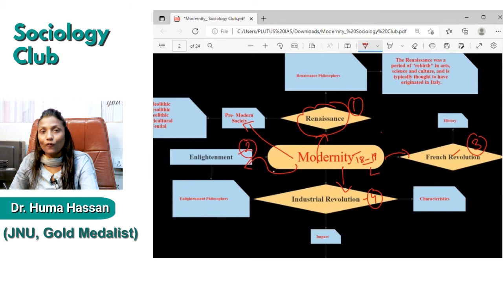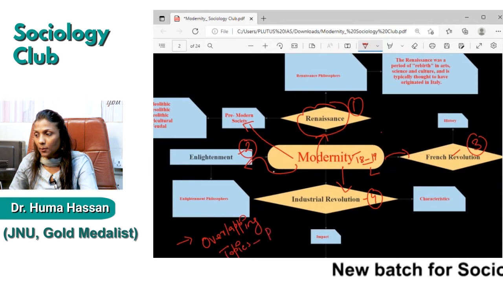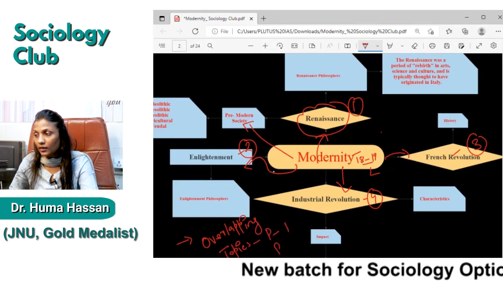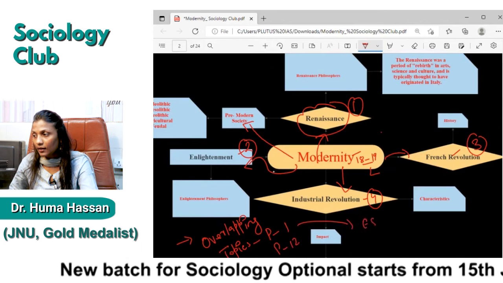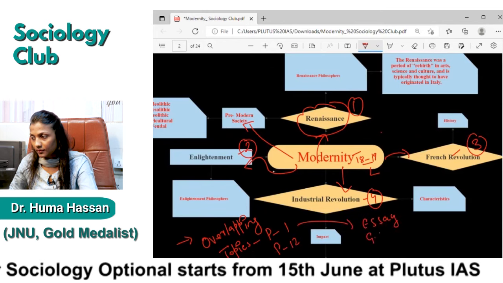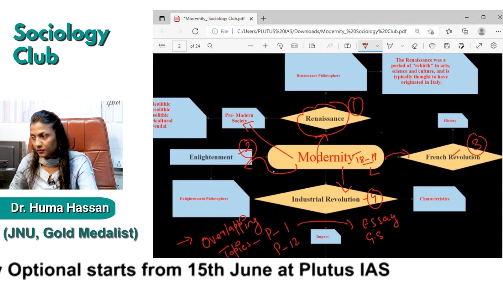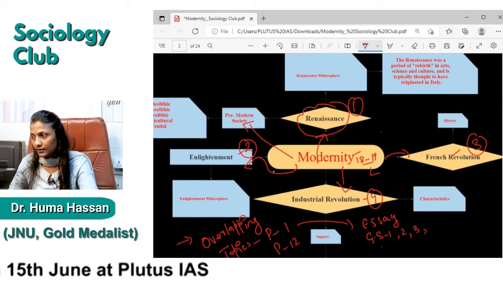One of the benefits of taking sociology is its overlapping topics, not only within paper 1 and paper 2, but with other GS topics: essay, GS 1, 2, 3, and ethics.